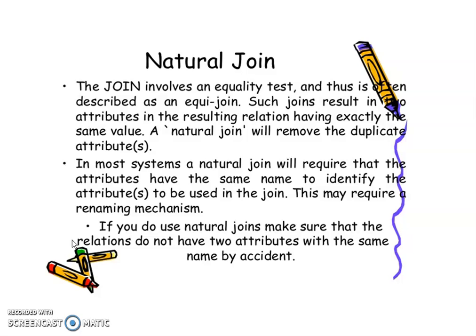In most systems, a natural join will require that the attributes have the same name to identify the attributes to be used in the join. This may require a renaming mechanism. And if you have to use a natural join, make sure that the relation does not have two attributes with the same name.